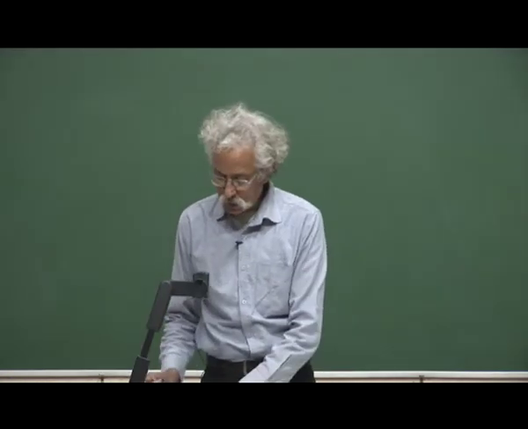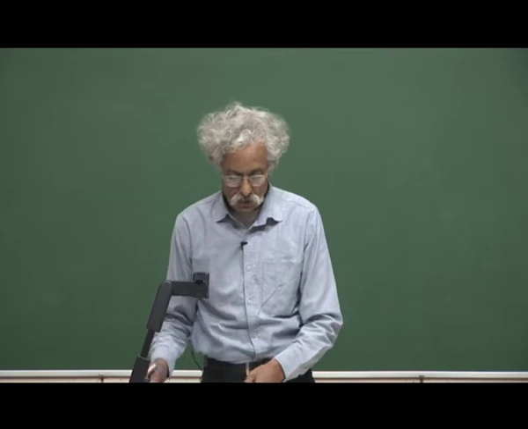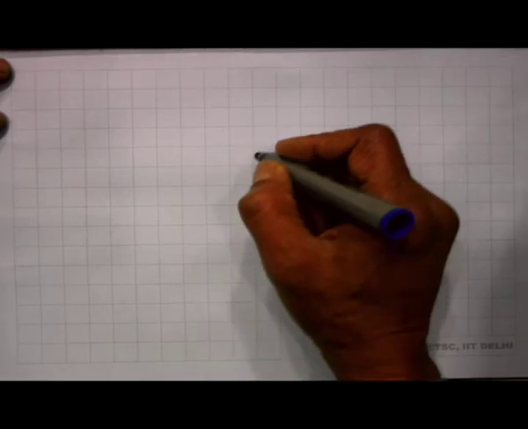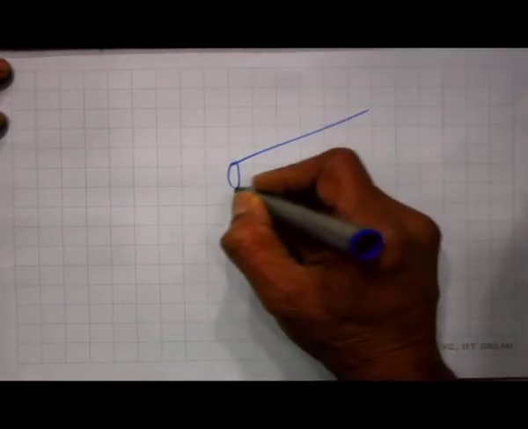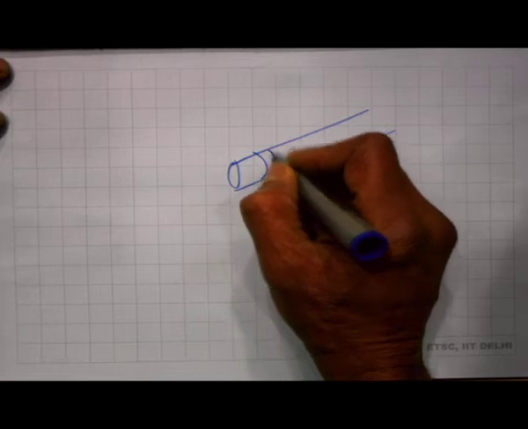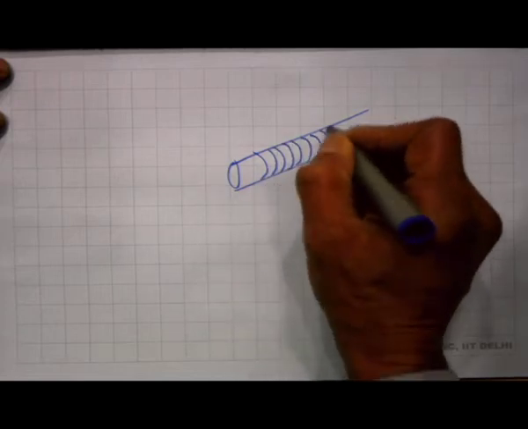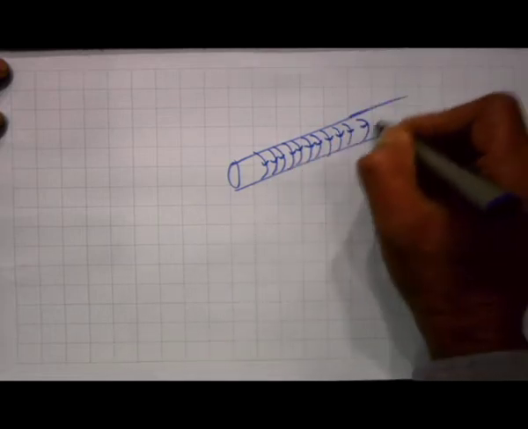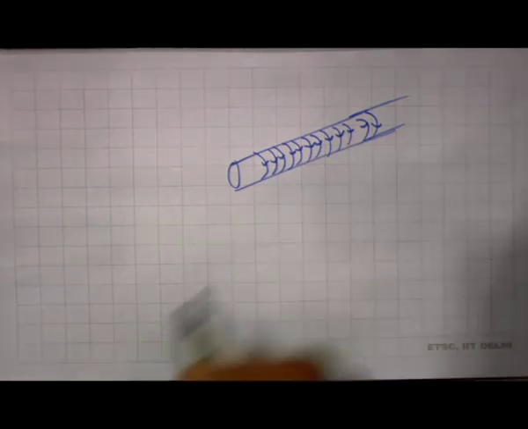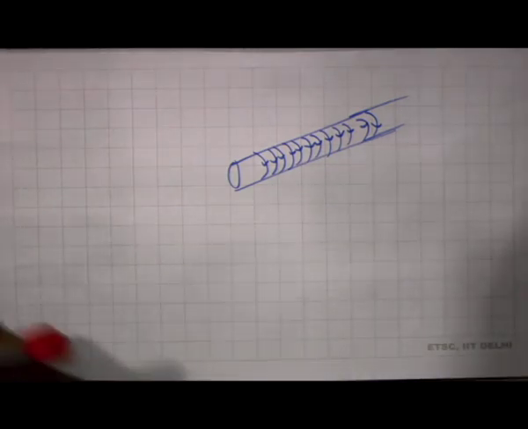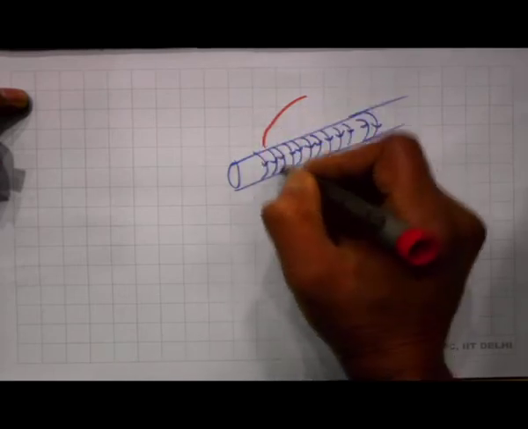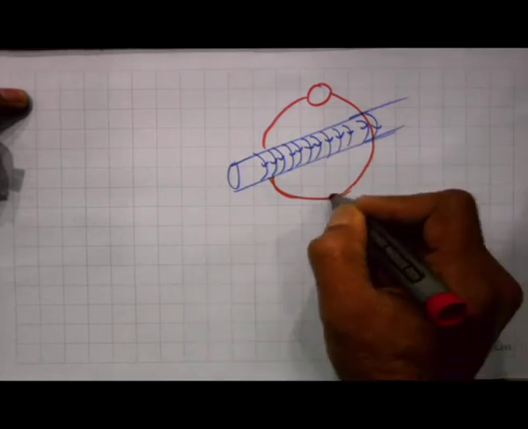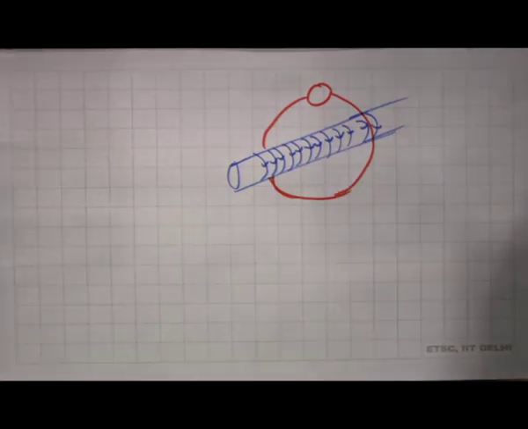Now, let me look at another interesting example in the same solenoid situation. Let me assume that I have a long solenoid again. So, this is my solenoid, a very long solenoid with current loops like this. Let me assume a conducting loop placed outside the solenoid, coaxial with this solenoid.